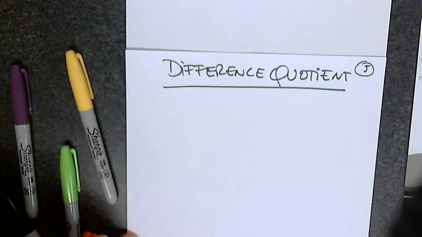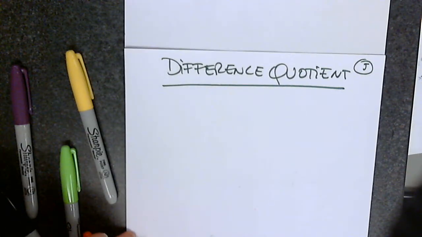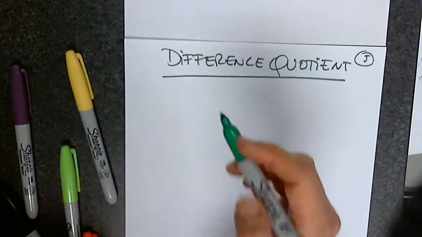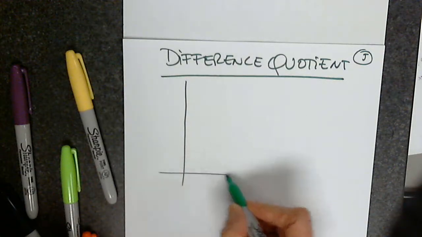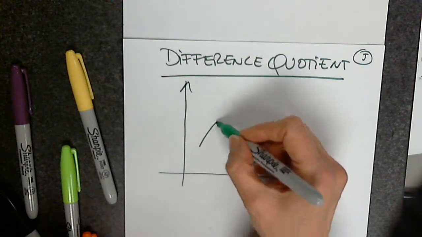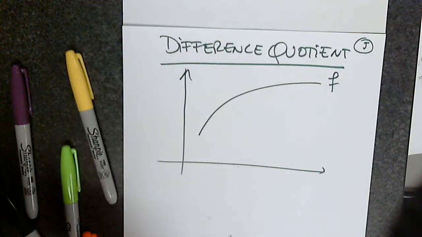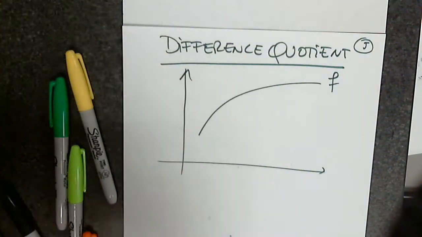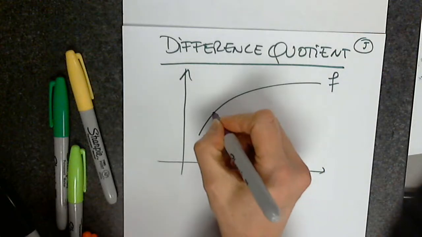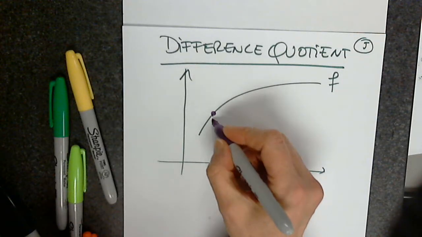Let's see what this means. Two impressive words, right? No, not at all. So let's take a look at a function. Here's my function f. And I'm going to pick a point. I'm going to pick this point x.